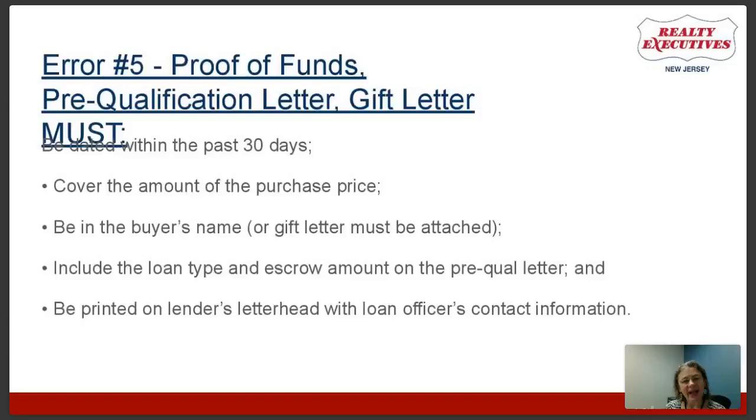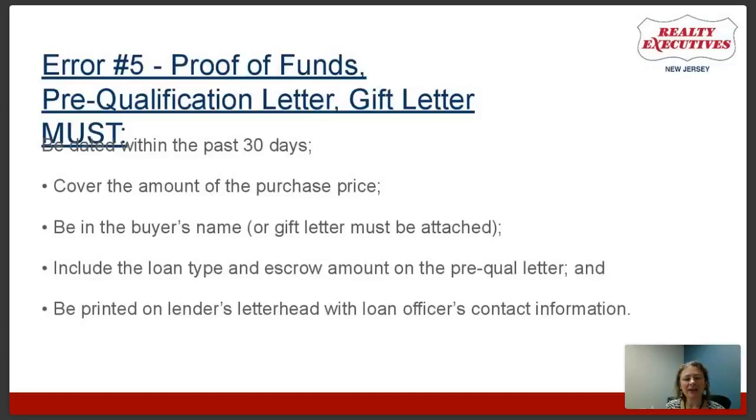And if it is cash, then the proof of funds also has to be dated within the past 30 days. So a proof of funds letter from a bank or a bank statement also has to show the full purchase price or above. Now, this letter, whether it is a pre-approval or a proof of funds, must be in the name of the buyer who is purchasing the property.